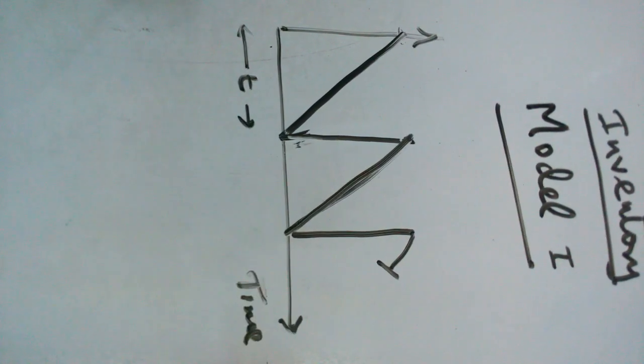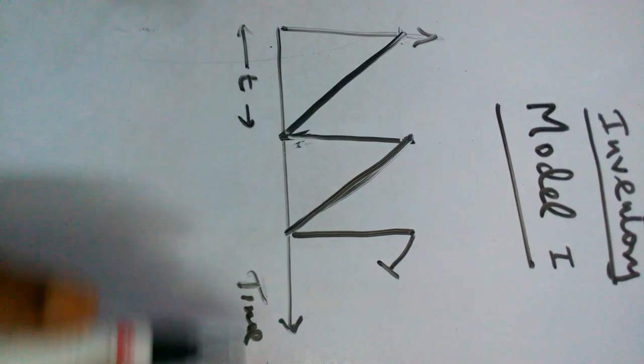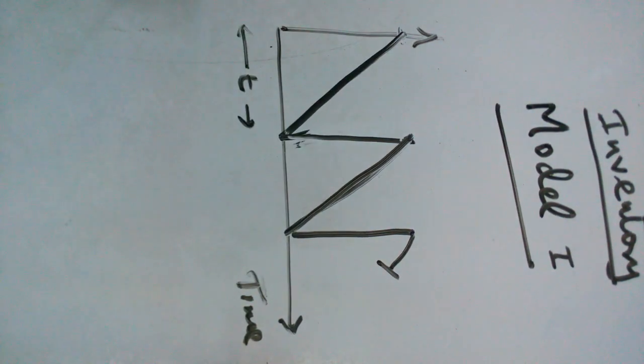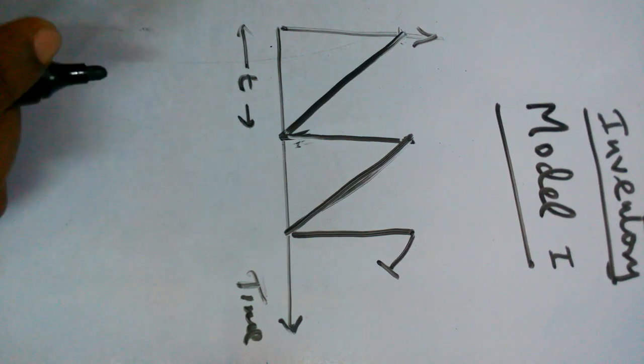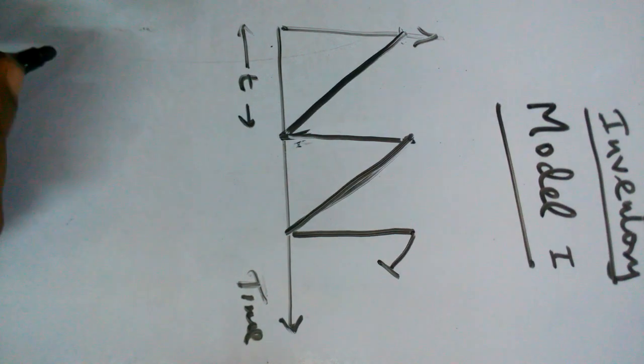Now the concept is, this is the inventory level and this is a time, and what you need to find out is the size of inventory order, size of order, which will minimize the total inventory cost. What are the costs involved in this case? We have total cost.